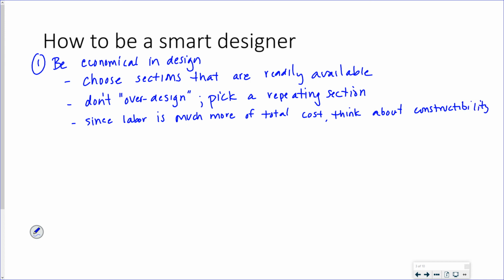Do you need a specialist to build it a certain way? That is one way to be economical.